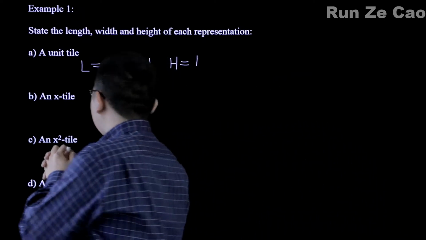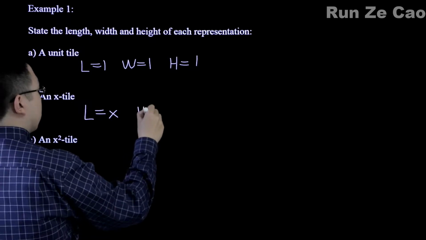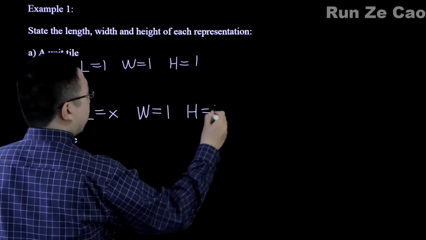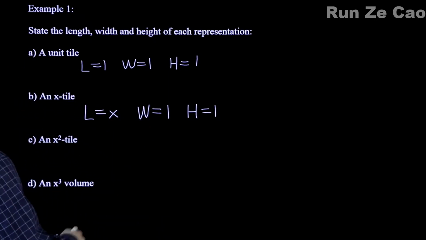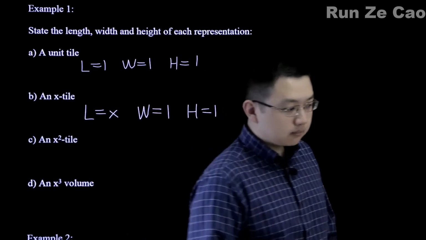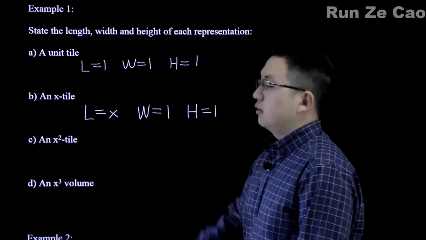An X tile has length of X, width of 1, and height of 1. So X times 1 is X, and then times 1 again is still X. Thus, the volume that this represents is X.